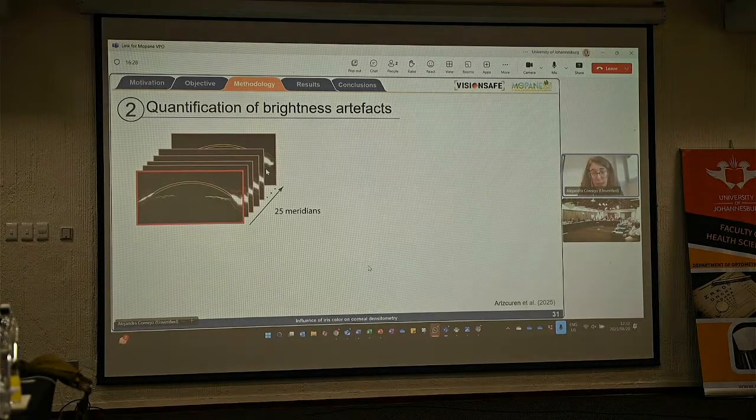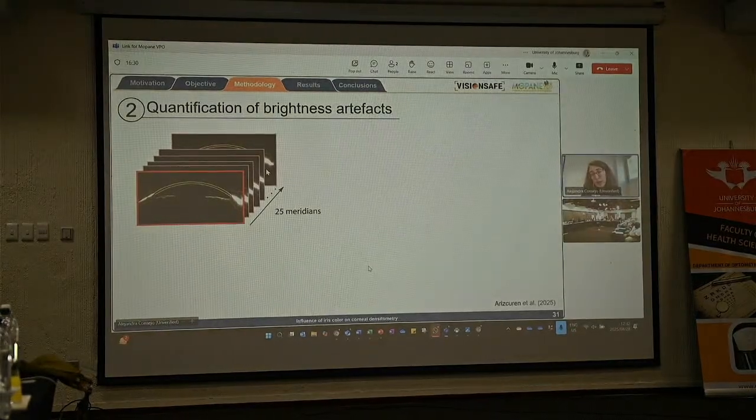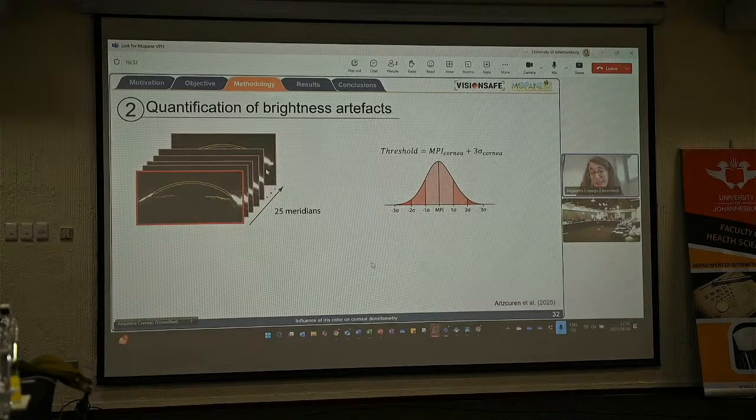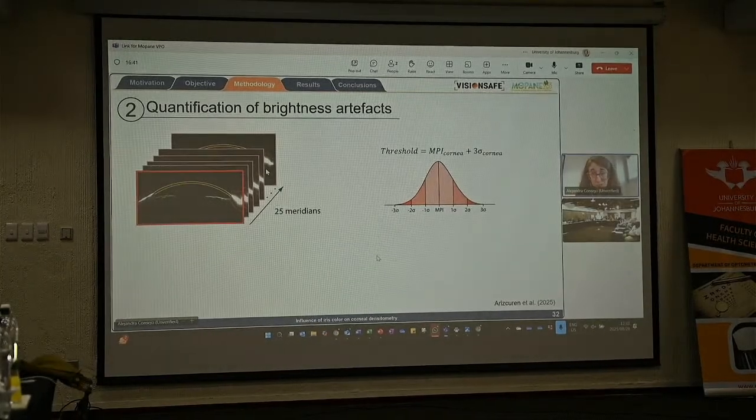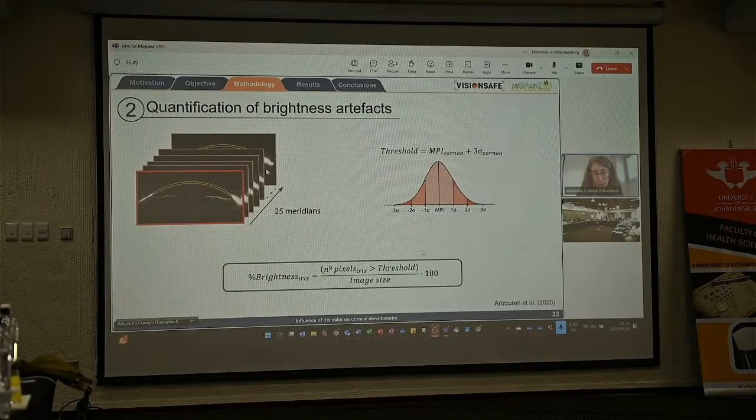Okay. And once we have that, we need to assess in the image what's an artifact and what's not an artifact. So to do that, we established a threshold that depended on each image, and it was based on the mean pixel intensity of the cornea and the standard deviation over that mean pixel intensity of the cornea.